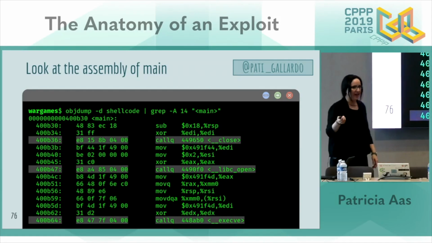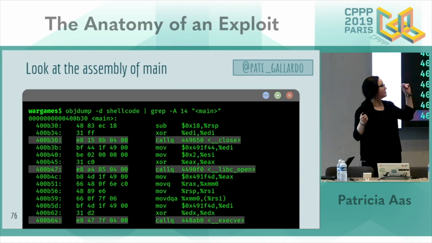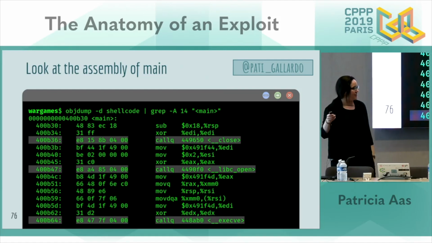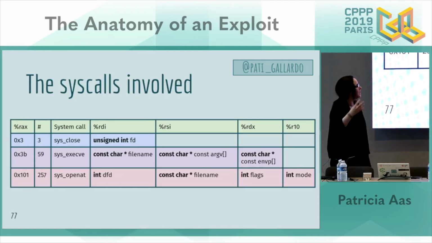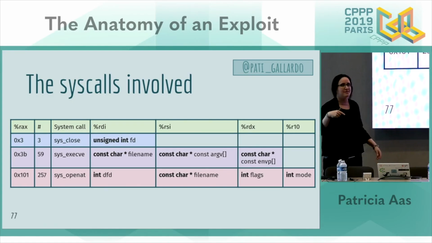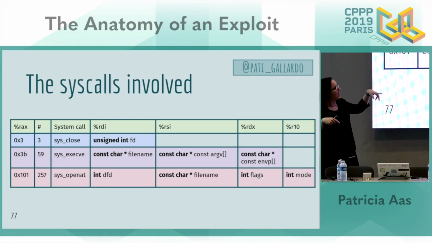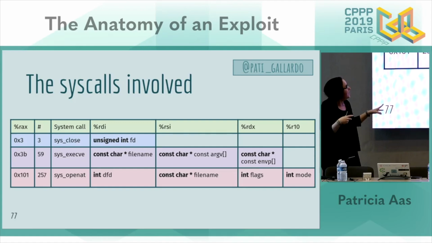So then we start looking at the assembly. And so what we see is that this is what it turns into. The close is __close, the open is __libc_open, and then execve. So if we go and look at the calling convention for x86 64-bit Linux, we have to figure out how the arguments to the system calls are actually passed.